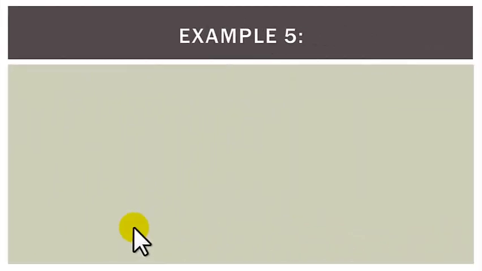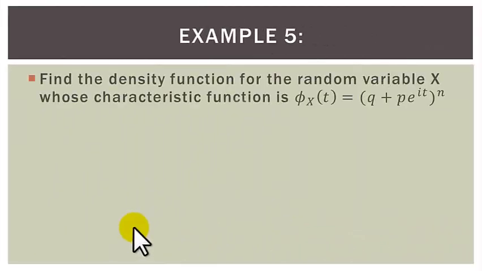This is the density function of a random variable x with that given characteristic function. Example number 5. Find the density function for the random variable x whose characteristic function is phi x of t equals q plus p exponent it, all raised to power n. Solution.